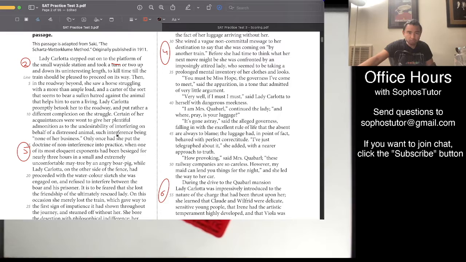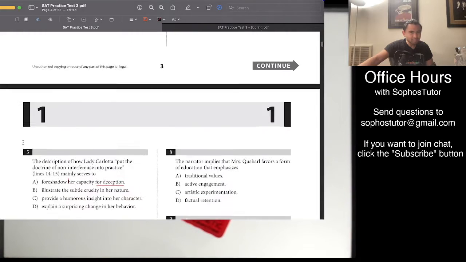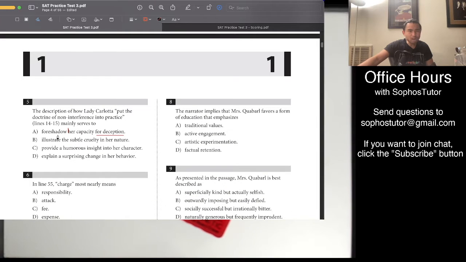And she wants to interfere on behalf of distressed animals. I don't know if that makes her a liar. So, I mean, it's possible that she'd be foreshadowing. We obviously haven't read the rest of this passage, but I'm thinking soft no here for A.